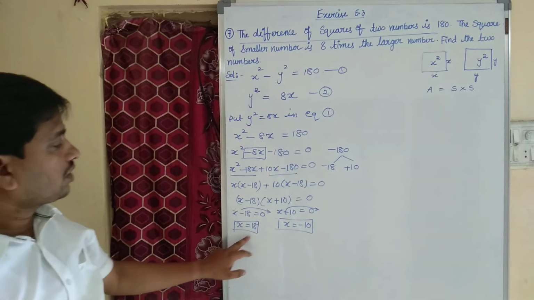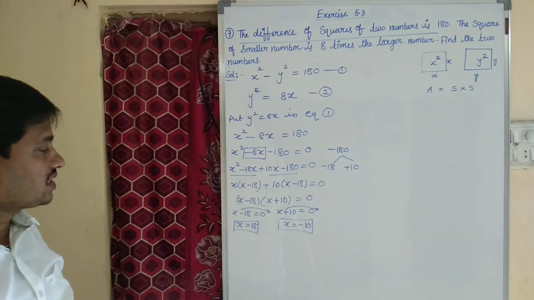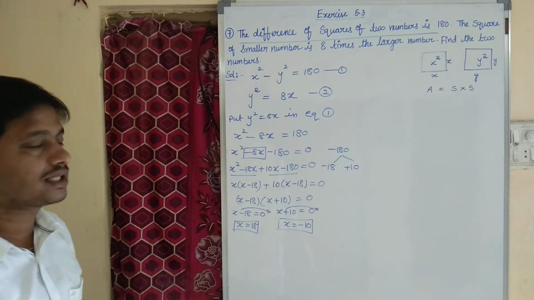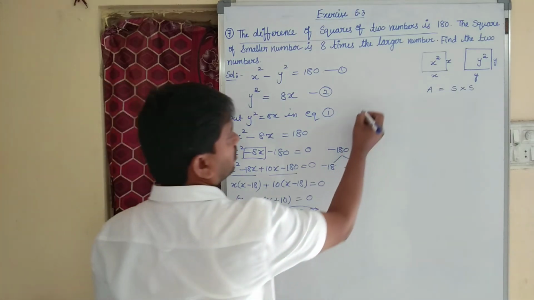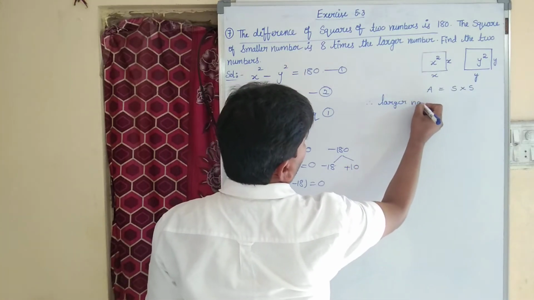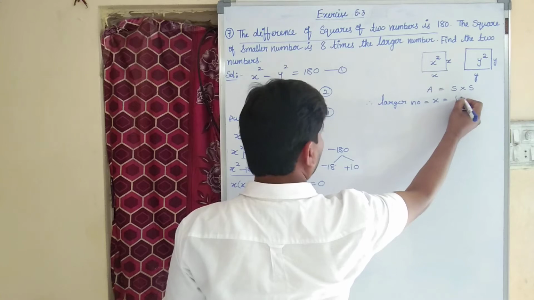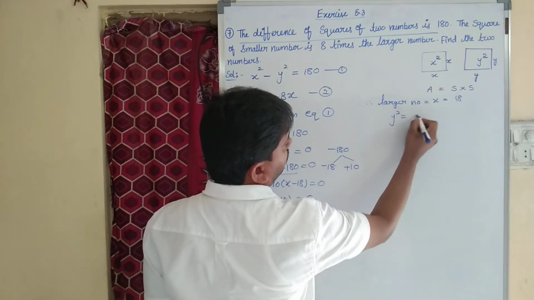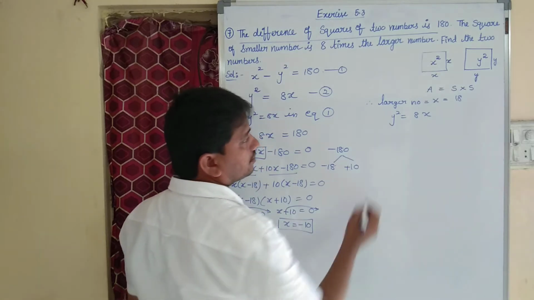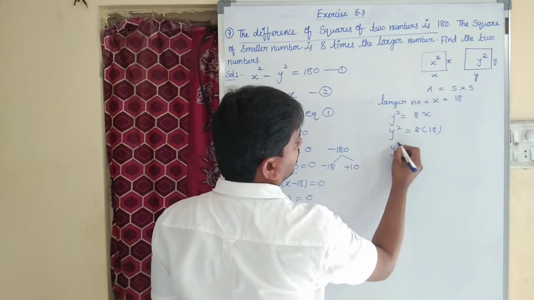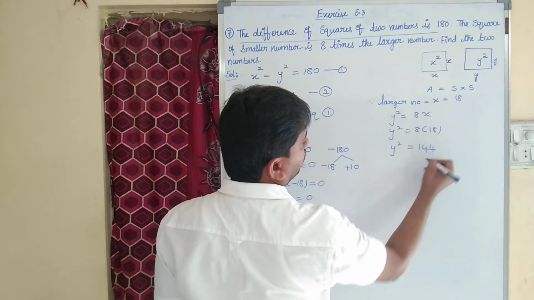So we got the x value as 18. They are asking to find the two numbers. Therefore the larger number is x equal to 18. What about the smaller number? y square equal to 8x, so y square equal to 8 into 18, and 18 times 8 is 144.